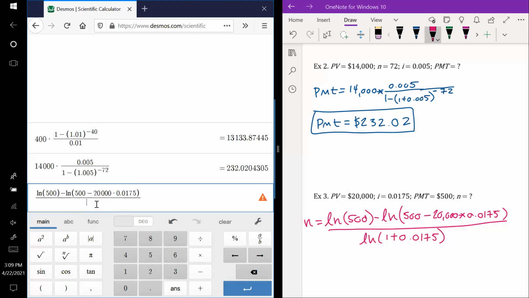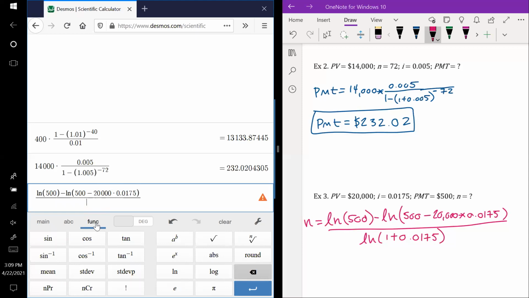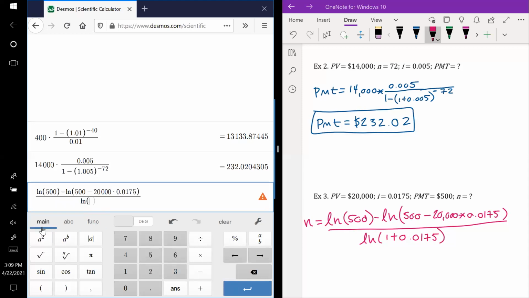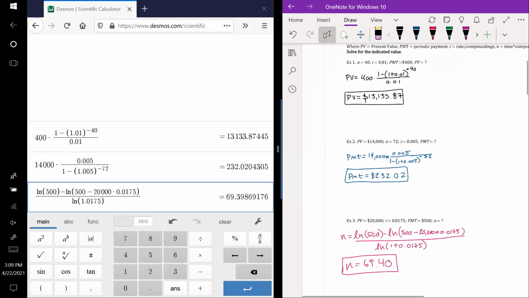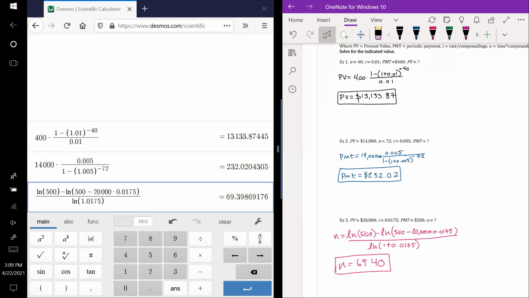Close that, come down, and again, natural log of 1.0175. There we go. And N is going to be 69.39, but there's that 8 on the end, so it's going to be 69.40. All right. And that was just practicing plugging into the formulas. Any questions on that? No, sir. All right.